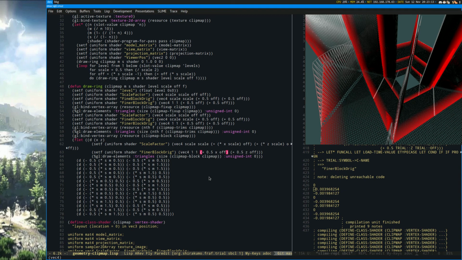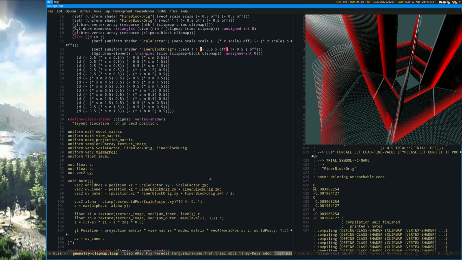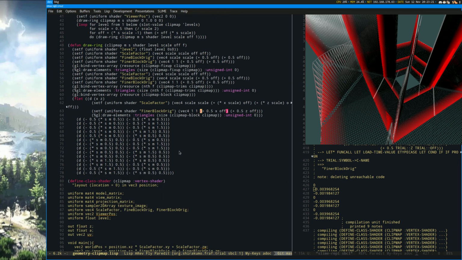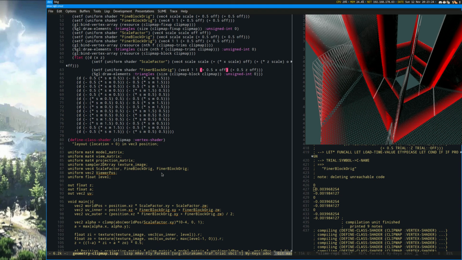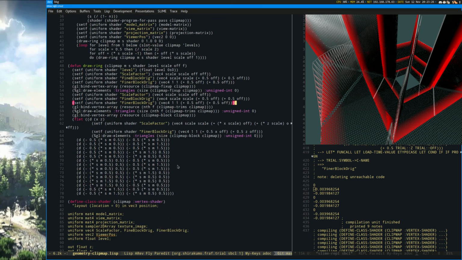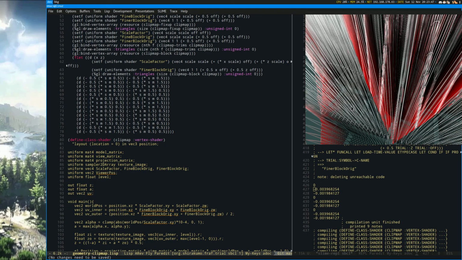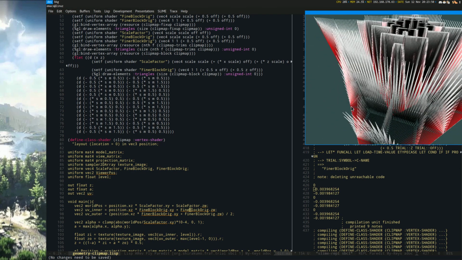No. What if I just... Oh, we already have the finer block thingy. Can I use that? I don't think so, right? Oh, I do. It's the same though, yeah? Whoa, whoa, whoa, what? Holy shit.